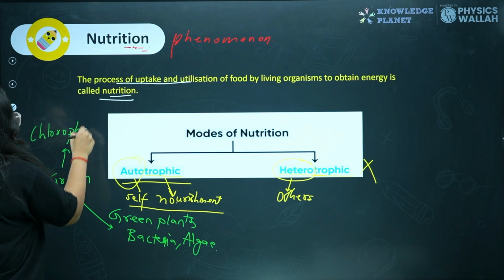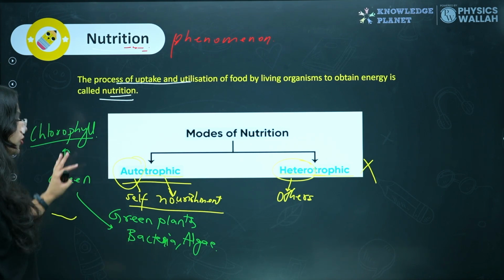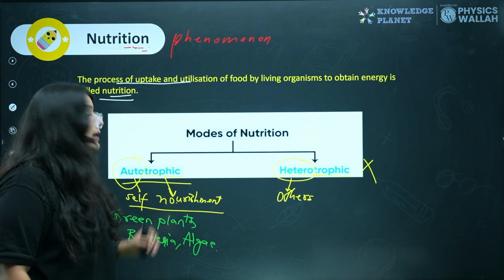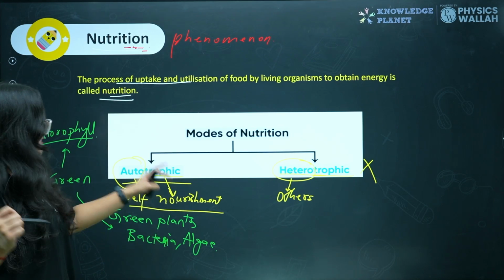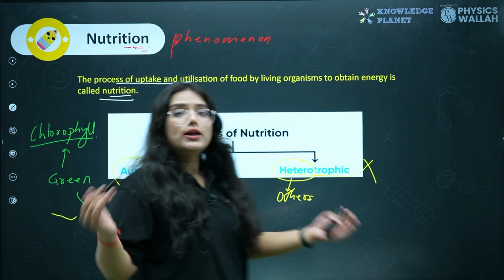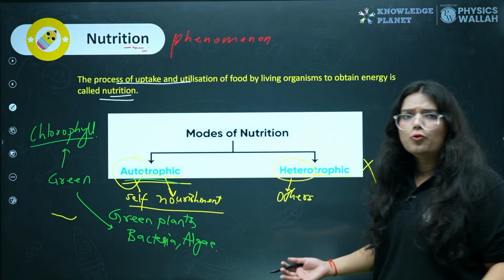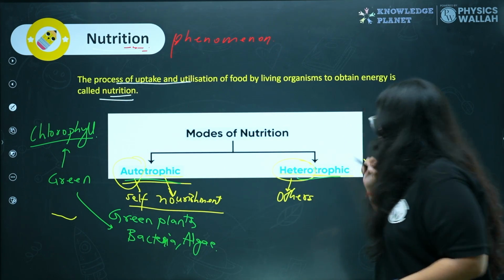Okay, so those organisms which consist of the magic pigment chlorophyll, such as green plants and algae, can synthesize their own food and hence they are known as autotrophs. Whereas other organisms like for example us humans, animals, right? All of them are heterotrophs.